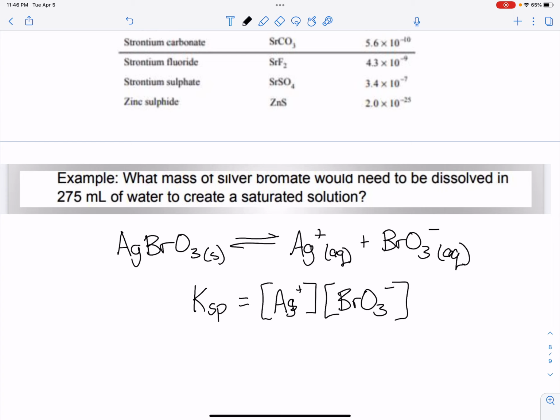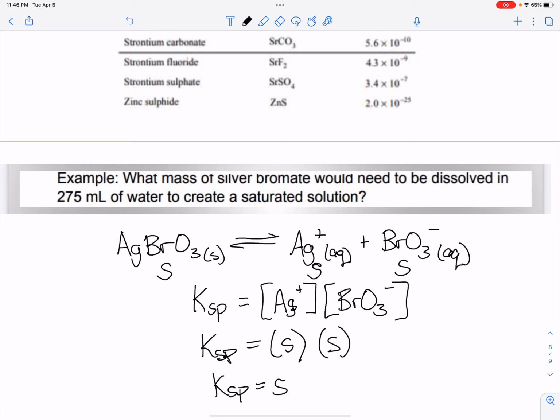This time I have a 1-to-1 ratio. So if my molar solubility was here, I'd say that the number of silver ions that are split off is in a 1-to-1 ratio, and 1-to-1 with the bromate as well. So this time KSP is equal to S multiplied by S.